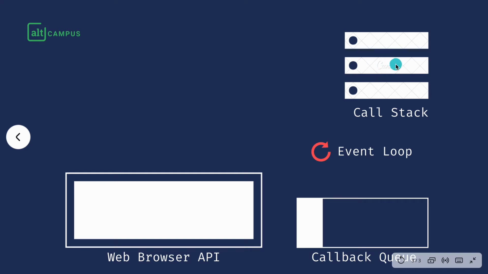It goes inside the web browser API and waits there. Once the execution is complete, it goes to the callback queue and waits there. The job of the event loop is to communicate between the call stack and the callback queue. The rule it follows is that only when the call stack is empty, the event loop will take the first function from the queue and put it inside the call stack.